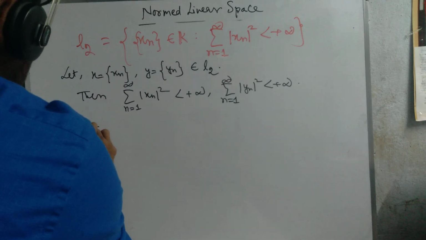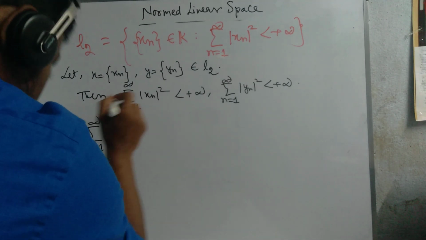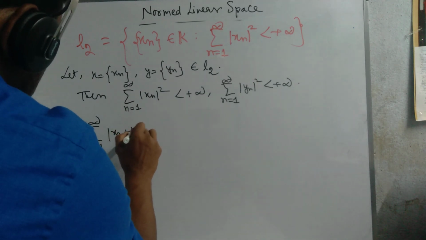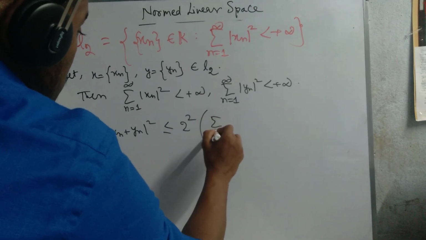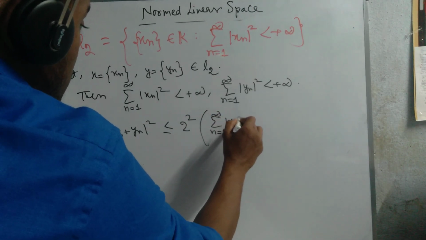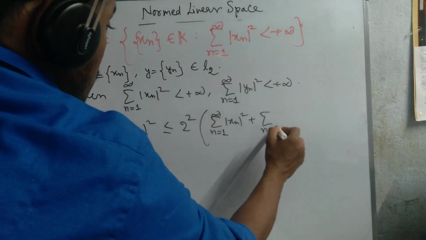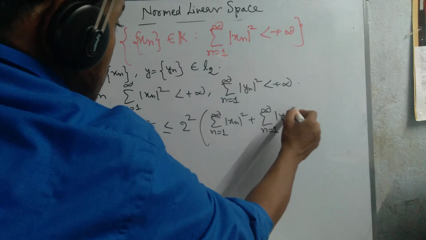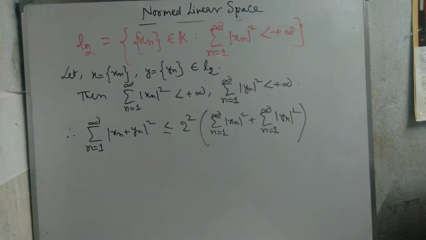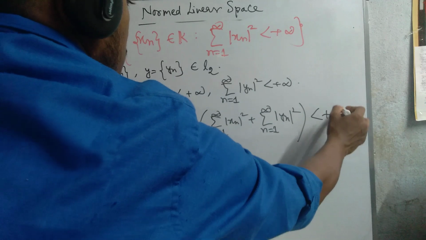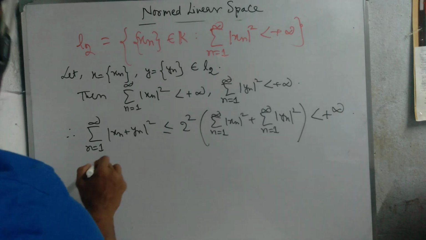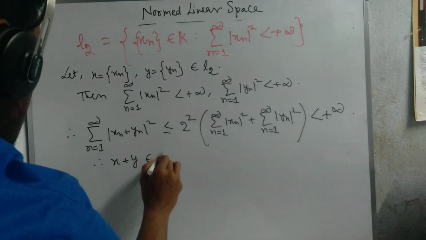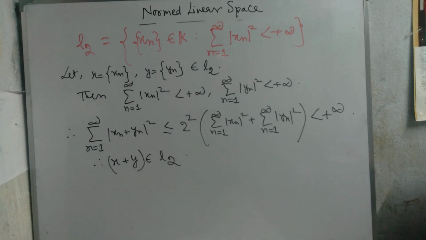Now summation n equal to 1 to infinity norm of xn plus yn square is less than or equal to 2 square times summation norm of xn square plus summation norm of yn square. Then x plus y belongs to L2.